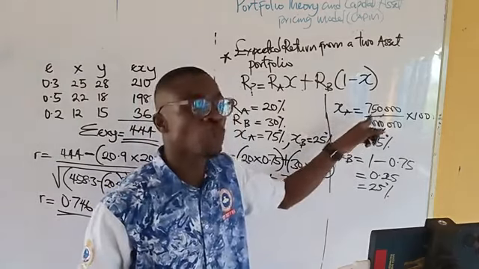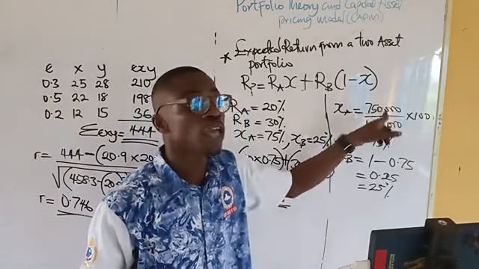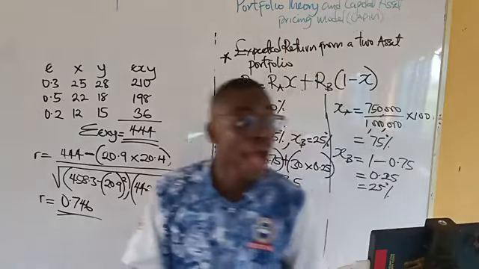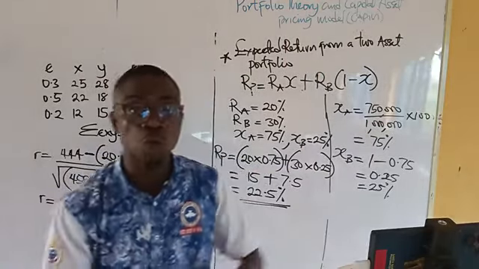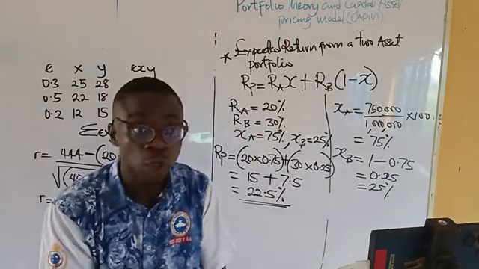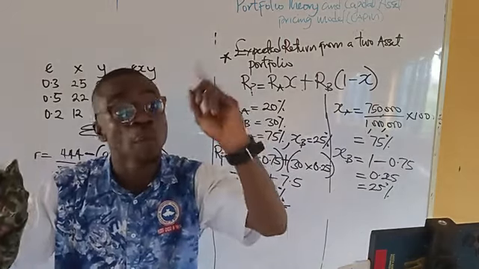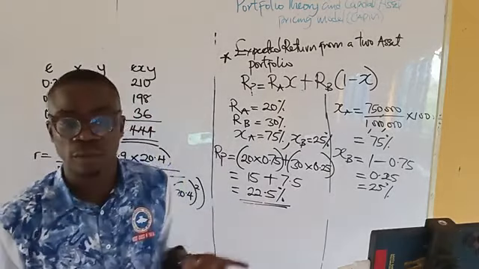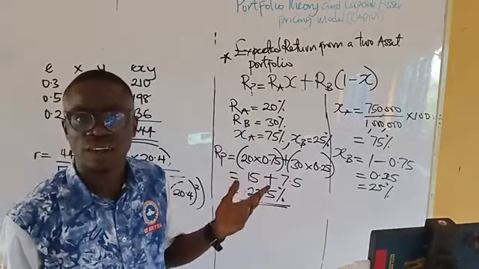If you put 75% in A and 25% in B, what you will get for the combination for that 1 million that you have invested is 22.5%. That's what they are saying.